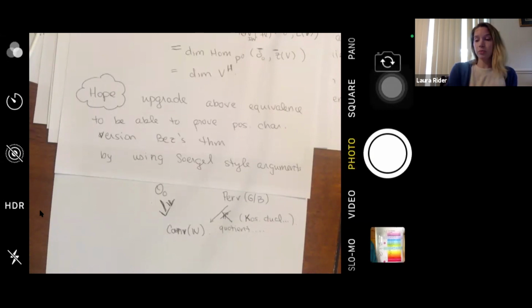But if I make the replacement of working with the Springer resolution, then yes, this equivalence between the derived category of coherent sheaves on the Springer resolution and Iwahori-Whittaker sheaves on the flag variety preserves a natural t-structure that you can define on the coherent side that matches with the perverse t-structure there.